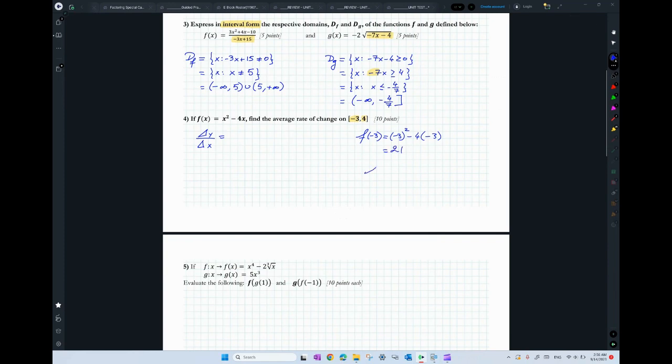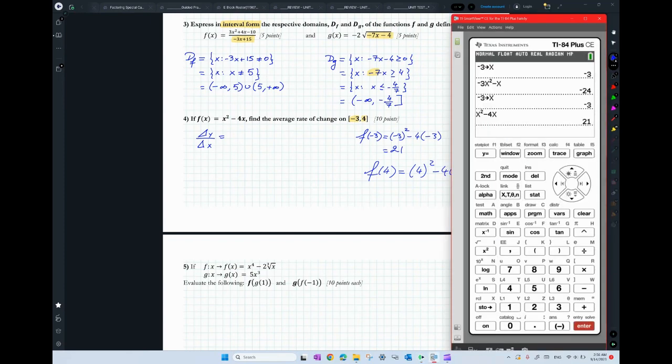Then f of 4 would be equal to 4 squared minus 4 times 4. And same thing here, but this time I'm going to input 4 into x. Now x equals 4 for the calculator.